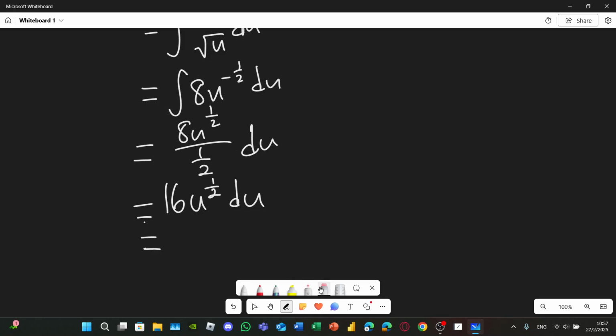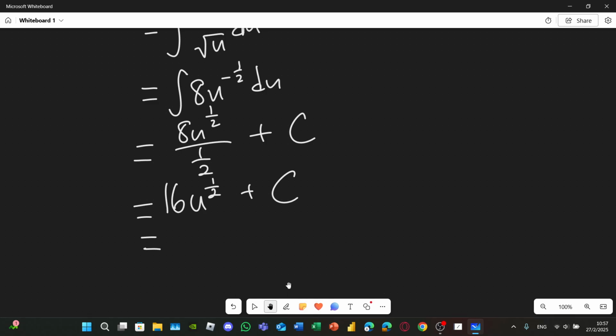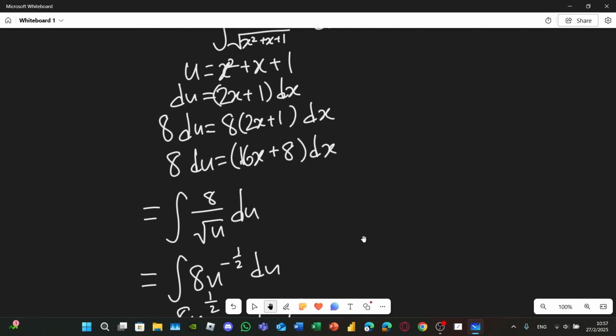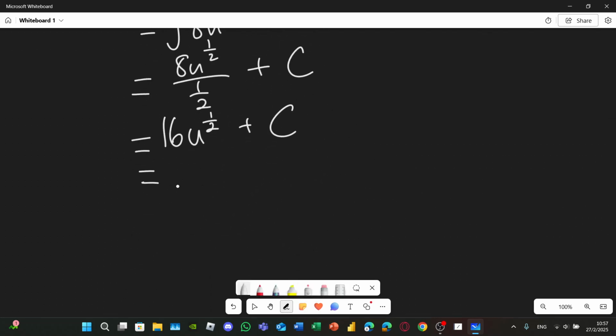And then now I can perform my original substitution. Don't forget the plus c for indefinite integrals. Then I can substitute back my u equals x squared plus x plus 1. So eventually I'll have 16 multiplied by x squared plus x plus 1 to the power half, plus c.